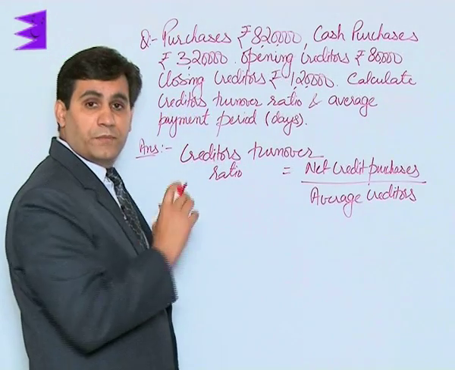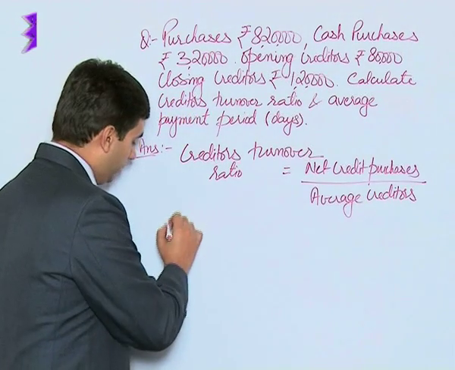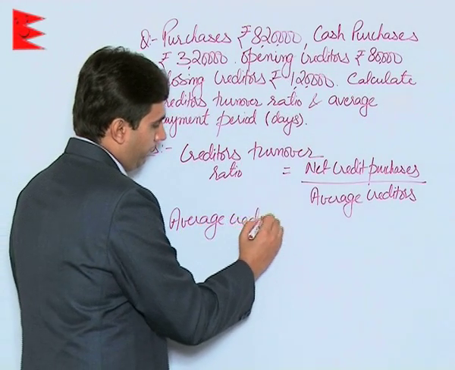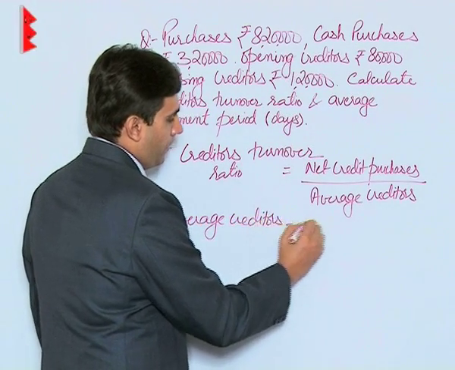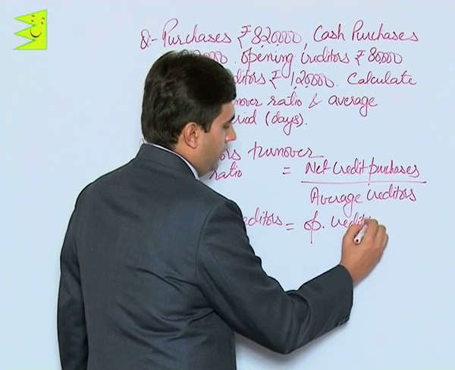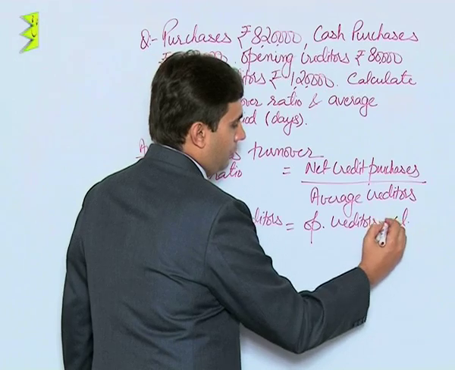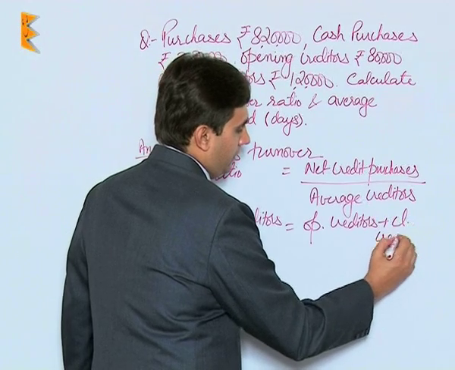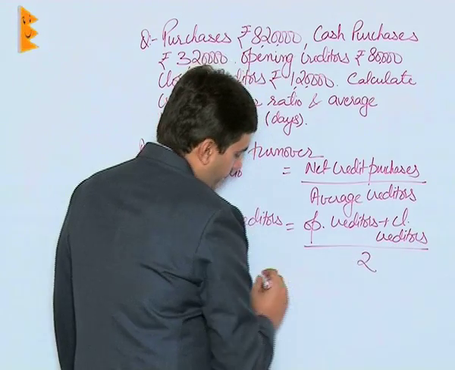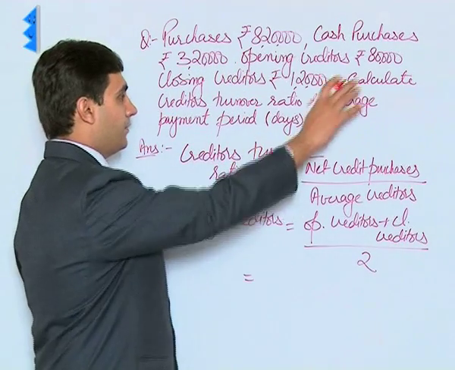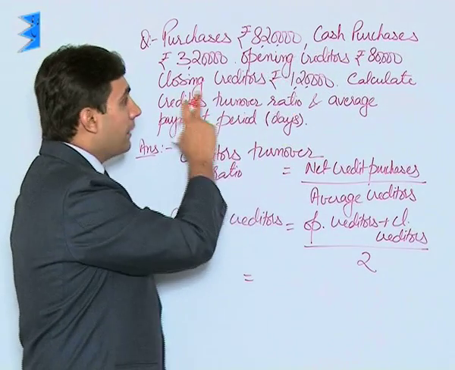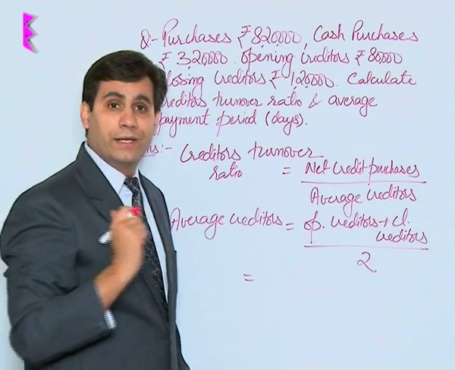Now students, average creditors are equal to opening creditors plus closing creditors divided by 2, and in this case their values are opening creditors 80,000 and closing creditors 1,20,000.